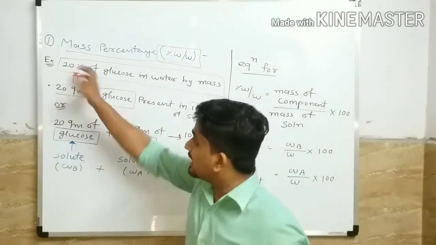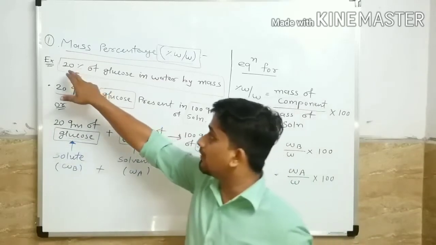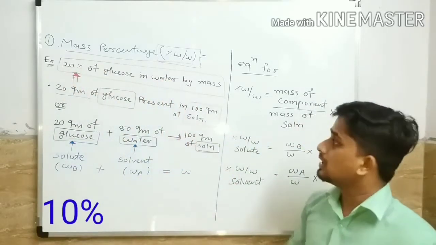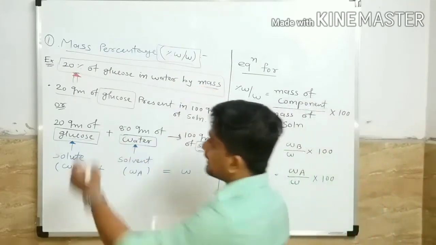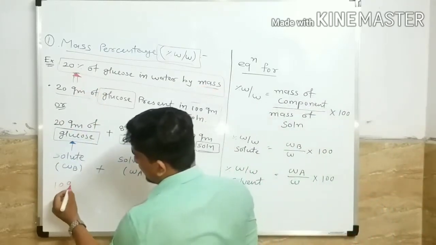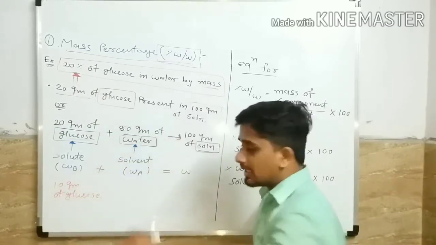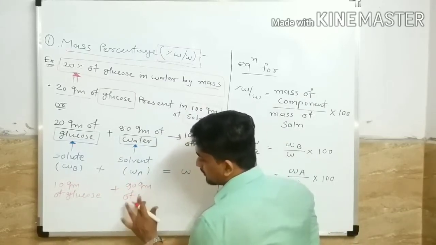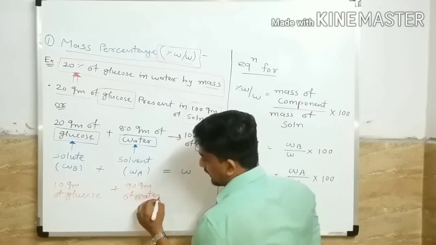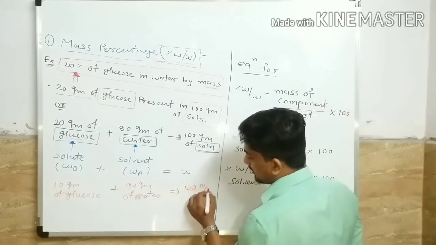If you have a solution with 10 gram of glucose in water by mass, then you have to know that in that solution you have 10 gram of glucose dissolved in 90 gram of water, and you get 100 gram of solution.